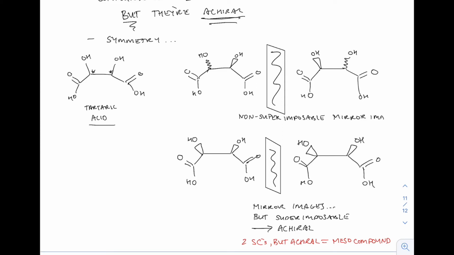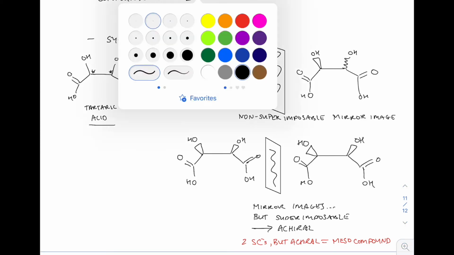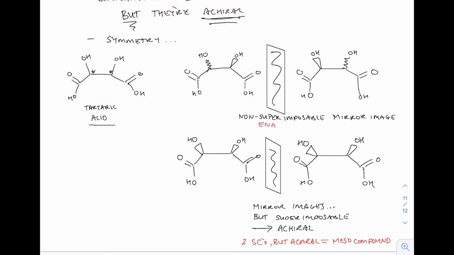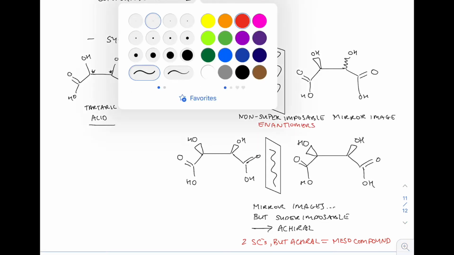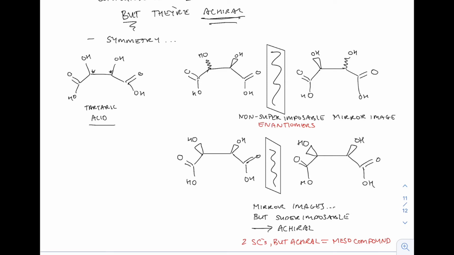The 2 compounds above are non-superimposable mirror images of one another, and so by definition they are enantiomers. One thing I also want to note is that the bottom left and bottom right compounds are actually identical compounds. Let's erase these real quick, because that's silly.